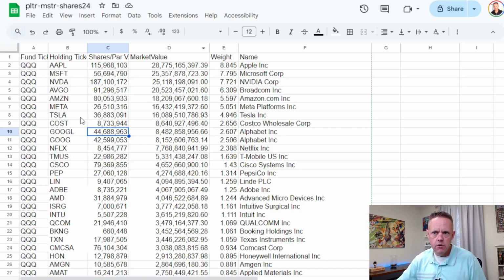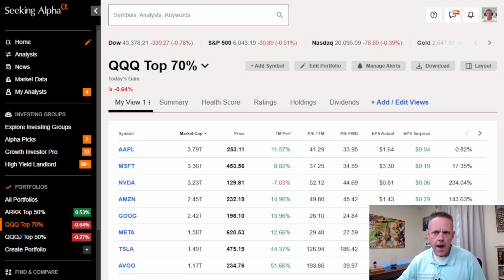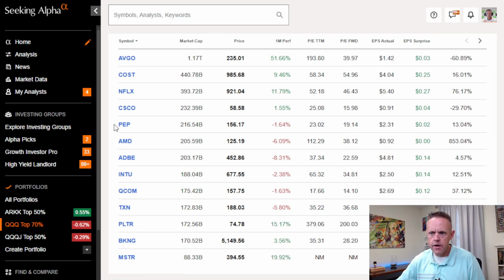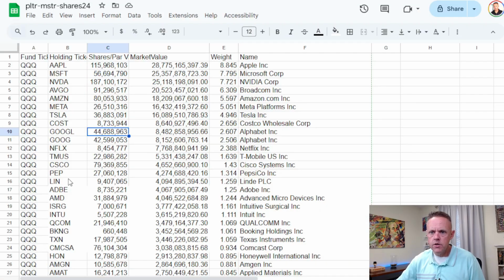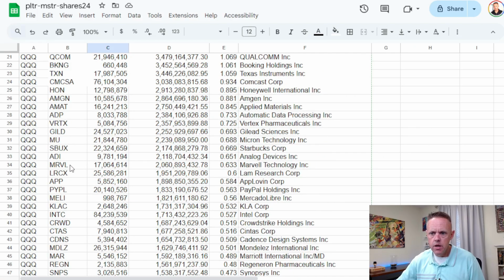The Invesco download does not give you market cap information. So I have to go back to my Seeking Alpha top 70% board. So scrolling down here, you have in the 170s, Qualcomm, Texas Instruments, Palantir. I put that Palantir in. That's how I made this portfolio. And Booking Holdings.